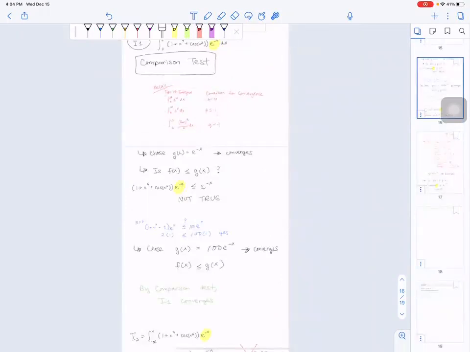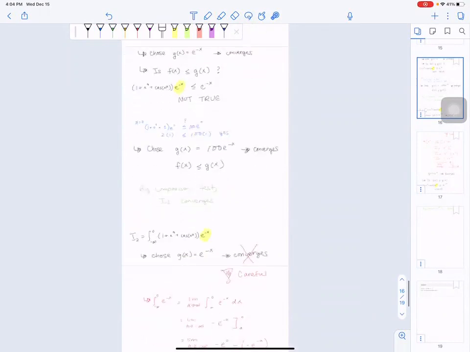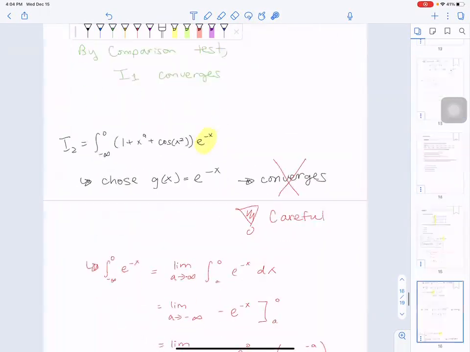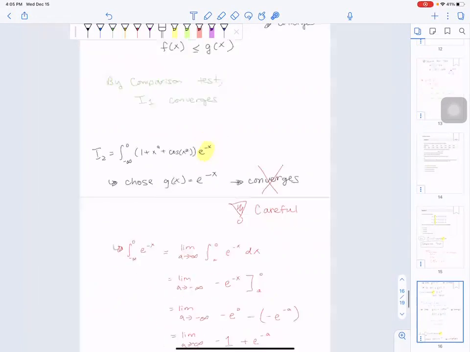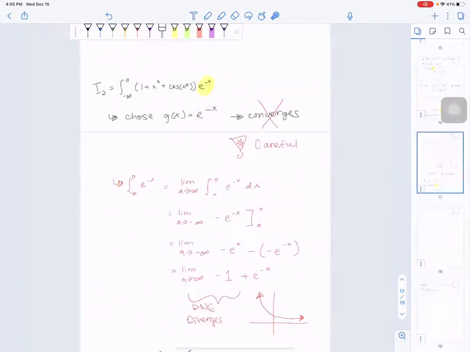And even if we don't, with e to the something x, we can take the integral more quickly, as opposed to x to something complicated. There's maybe an x to the 9th here, but this is all together. So what's the other thing that looks more simple, like e to the negative x? So we choose that, and we find out whether it converges or diverges by figuring it out.